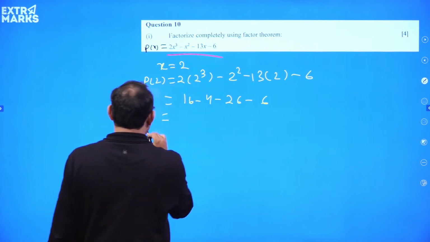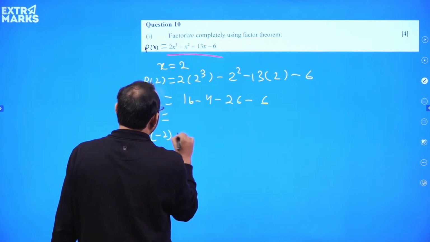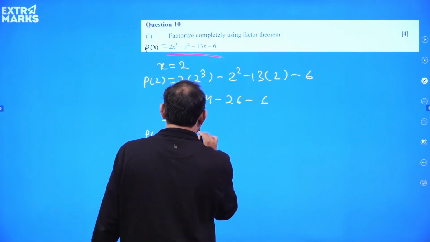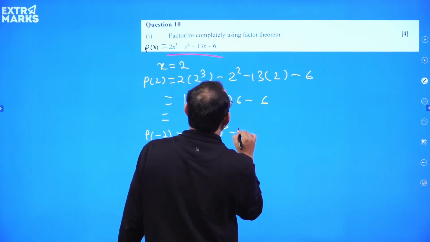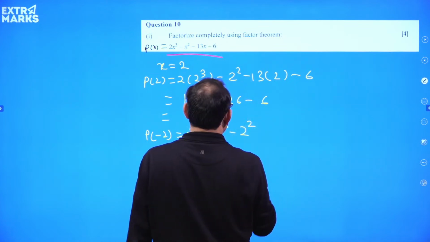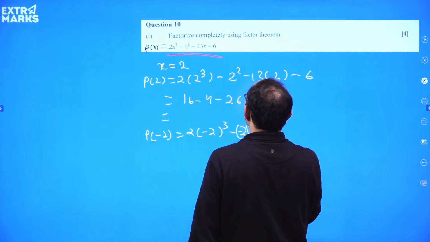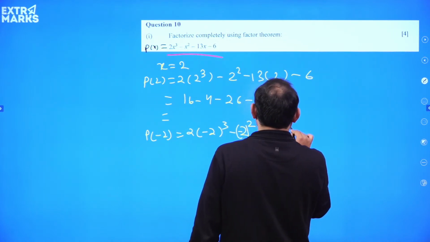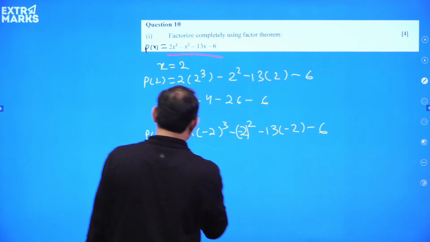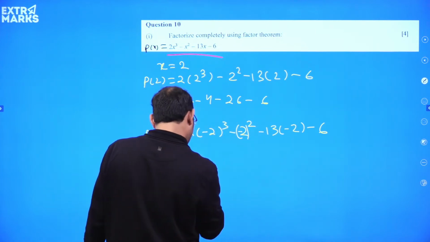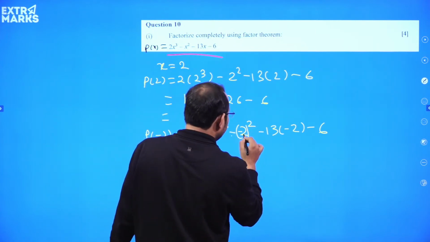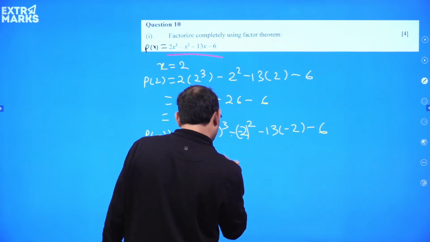Okay, let's try -2 then. So we will try p(-2). So 2 multiplied by -2 whole cube minus 2 square minus 13 multiplied by -2 minus 6. So this will come -8 into 2, minus 16. This will be -4, plus 4.